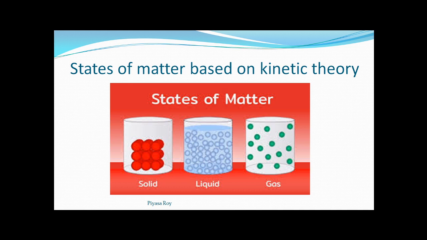Now come to the liquid. Because of the least intermolecular space and highest intermolecular force of attraction, solid is having a definite shape and definite volume, and solid matter will not show any diffusion.